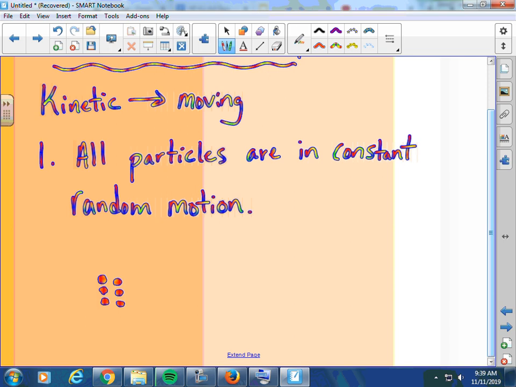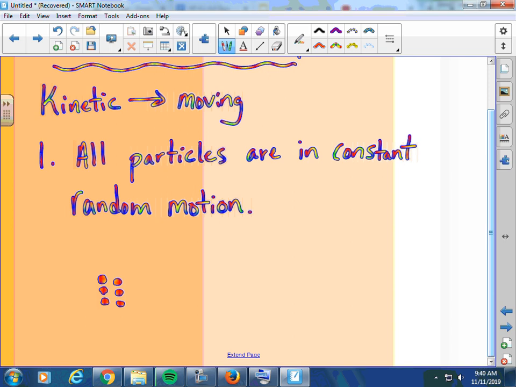Now, the particles themselves do not actually change position in a solid.